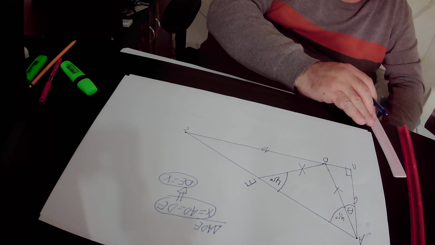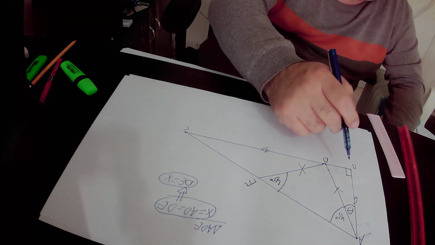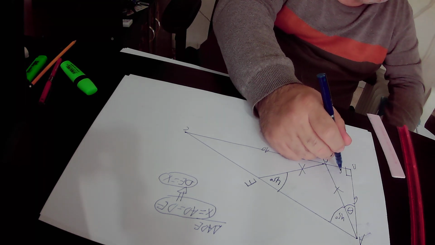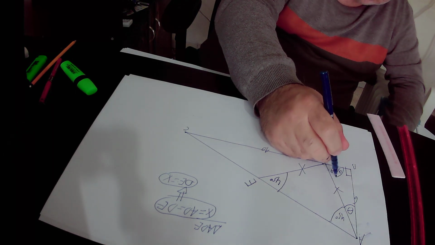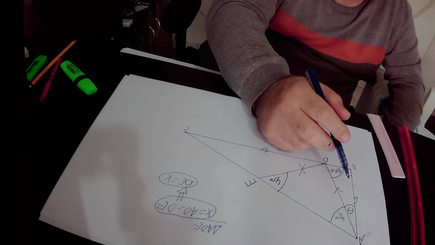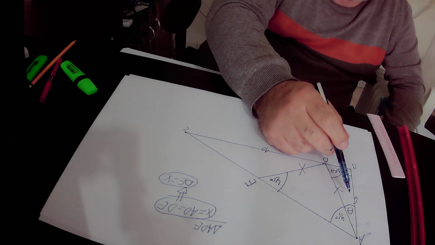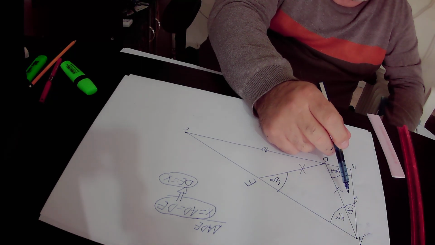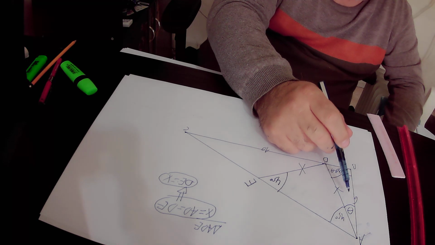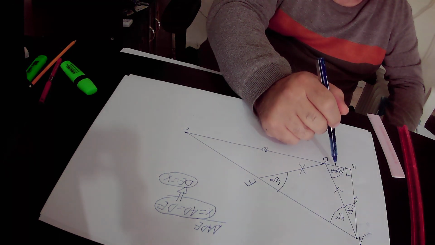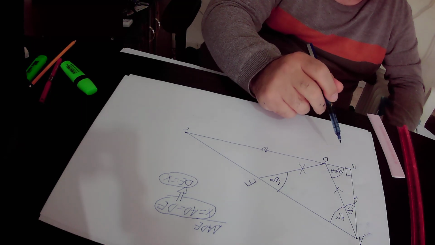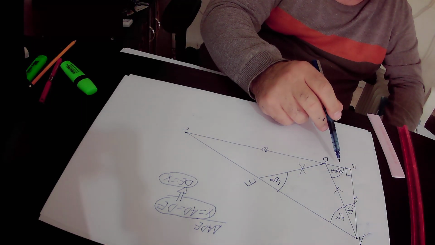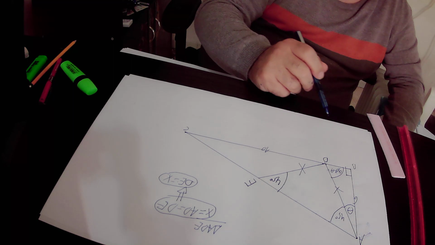Therefore, angle ADB must be equal to 90 degrees minus theta in order to complete the sum of the angles in the right triangle ABD to 180 degrees. Theta plus 90 degrees minus theta is 90 degrees, and 90 degrees plus 90 degrees is 180 degrees. So angle ADB must be equal to 90 degrees minus theta.